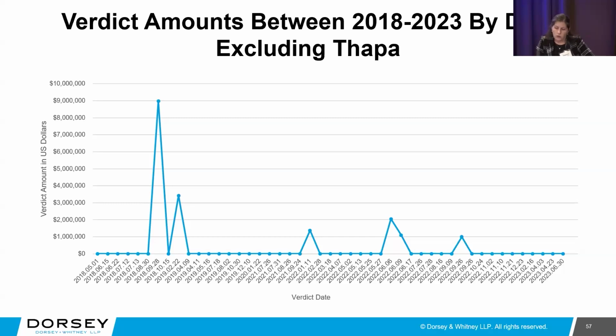I think it's worth noting that there were some factual differences between these types of cases. The 2018 case was a labor and delivery case. A theme I noticed when looking at these cases: anytime you're dealing with children, labor and delivery, obstetrics, childcare, those clearly are really emotionally charged cases and have the possibility of being higher.